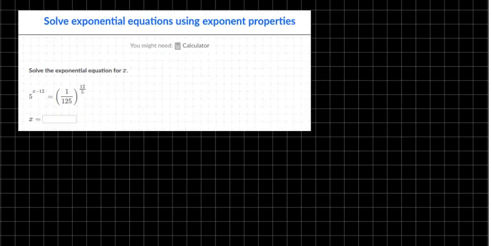Let's look at another example. And again, what did I say? We want to find a common base. For this kind of problem, we want to find a common base. Finding a common base will help us solve it. So over here I have 5, and I know that 125 is a multiple of 5, but 1 over 125, let's see if we can do that.